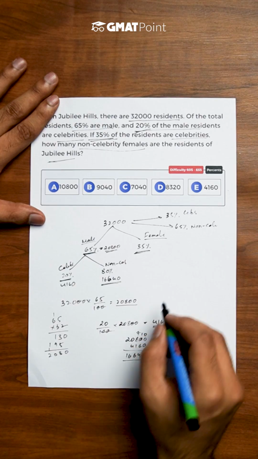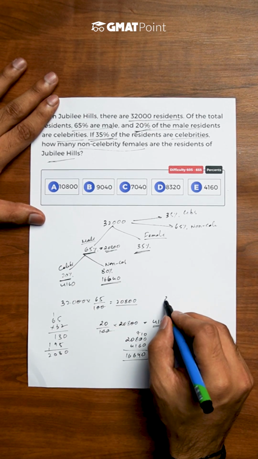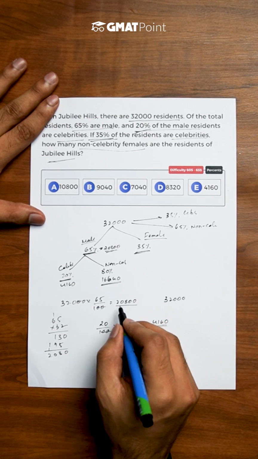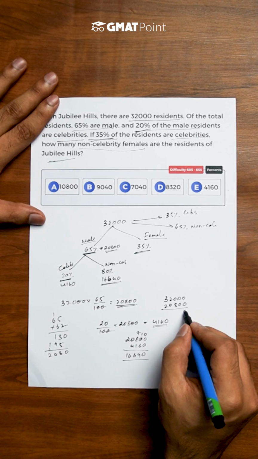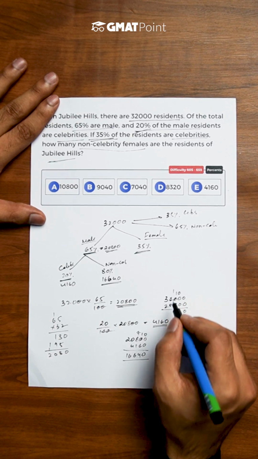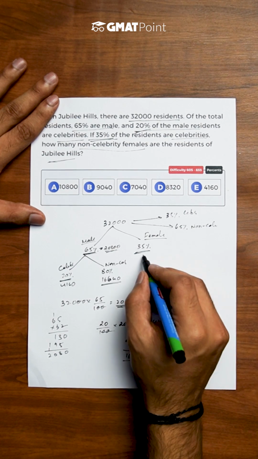And the female population can be calculated as total population, subtracting the male population from the total population, we get the female population, which is nothing but 11200.